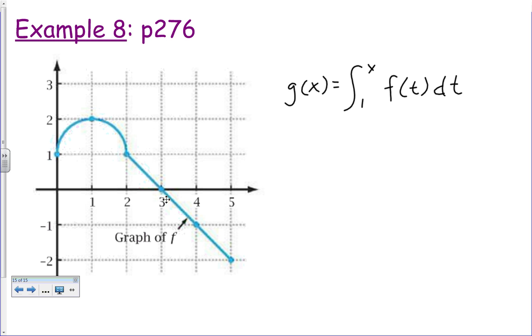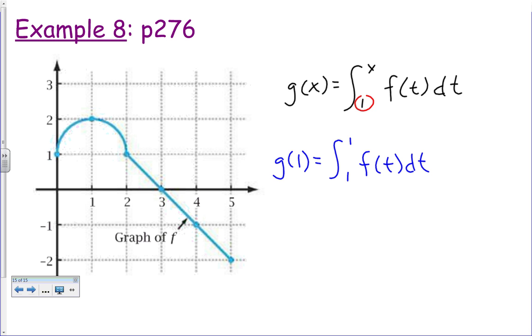All right, so let's start out with the easiest one here. And that is starting at the same value of x as my lower bound. My lower bound here for function g is 1. So I'm going to start out with that same value for function g here. Let's start out with x equals 1. So g of 1. If I just replace x with 1 there, I'd have the definite integral from 1 to 1 of f of t dt.